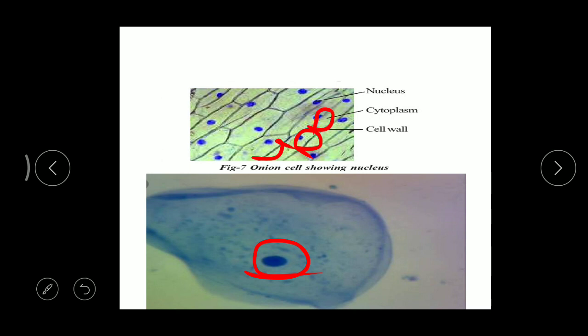What are they? They are nuclei. So nuclei are common in these two, and what's the next one? That is the cytoplasm. Both the cells are filled with some jelly-like substance, and this jelly-like substance is called the cytoplasm.